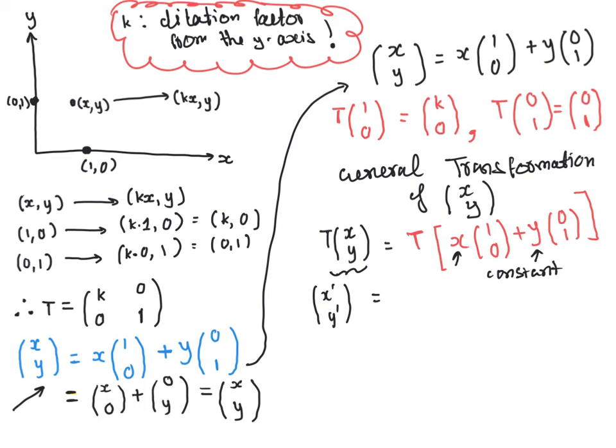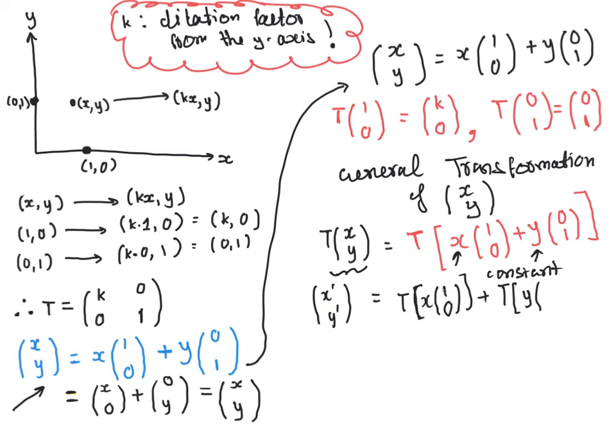The transformation is a linear operator, meaning you can split it between addition and subtraction. So T of x times 1, 0 plus T of y times 0, 1. Sorry, I put it the wrong way around. That should be 1, 0 and 0, 1.